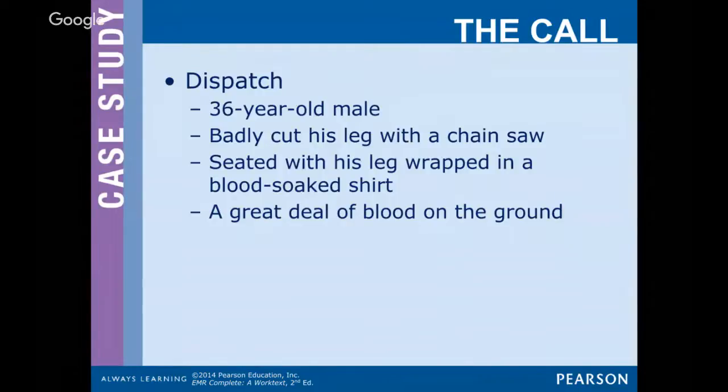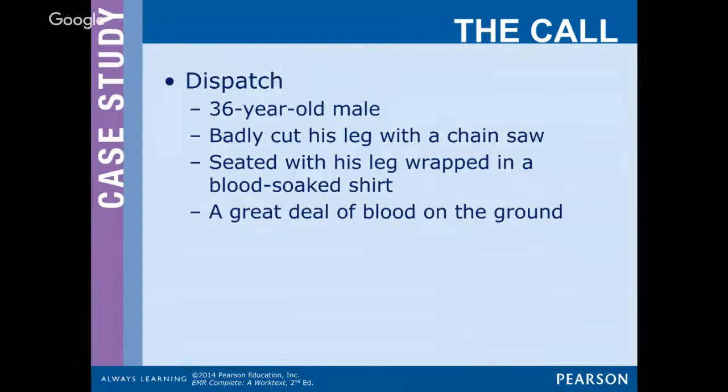And apparently he's not because he's sitting on the ground. But your general impression, you are going to develop that. So what is your general impression of this guy? His consciousness: he's conscious and asking for help. Your general impression is what you think happened here. So general impression is he cut his leg with a chainsaw, right?